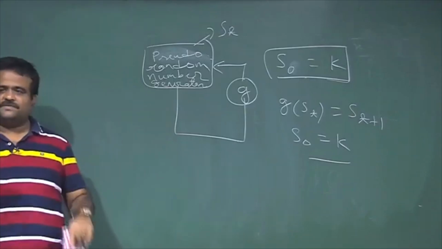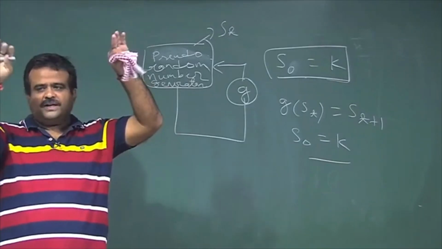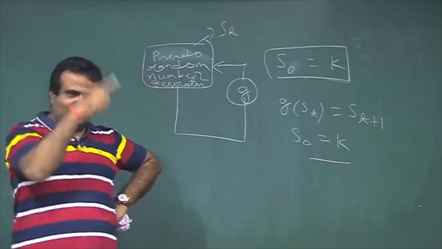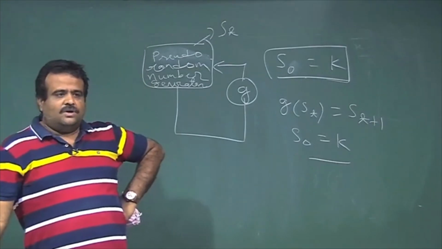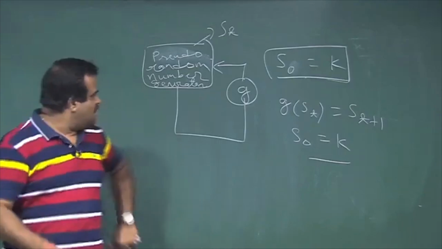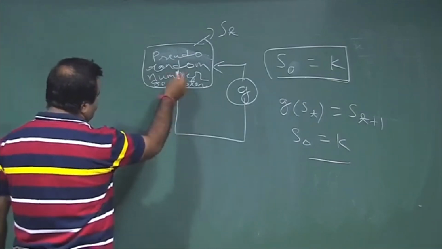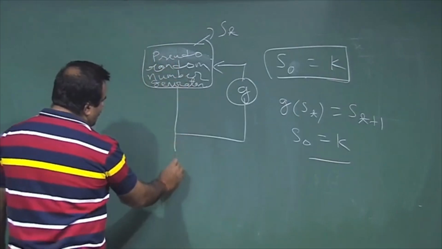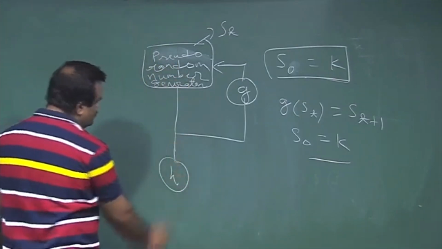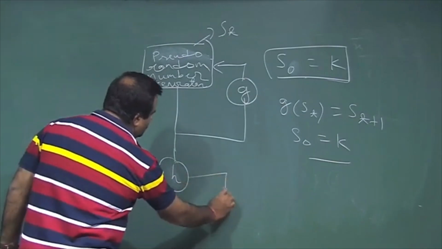For LFSR, it is the feedback function. So we XOR those bits which are participating in the feedback, and then we are taking the feedback in the last bit, and then we have another function H which is taking the current state and giving us the key stream.